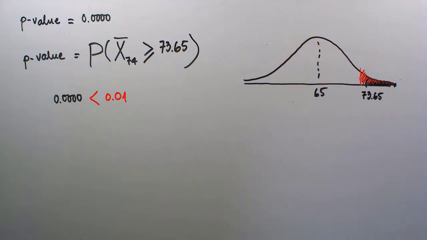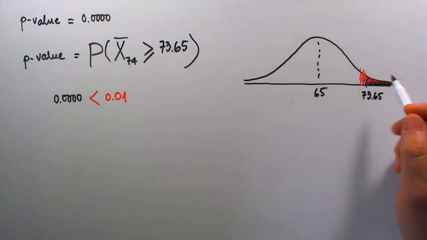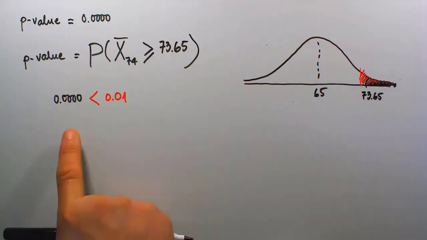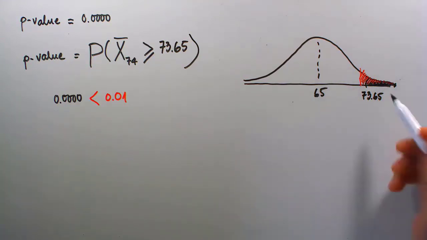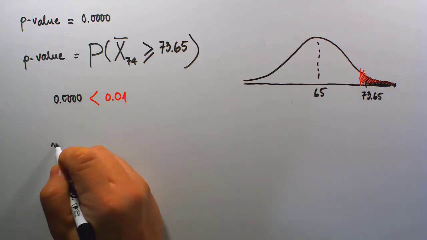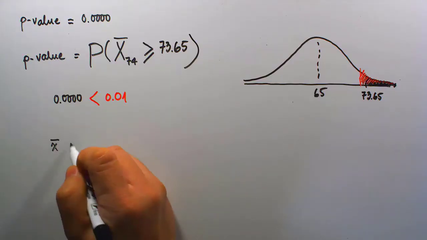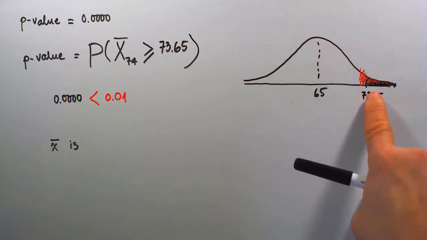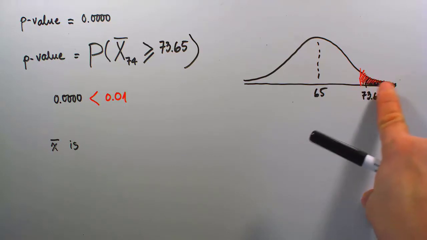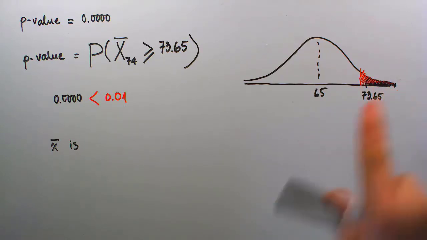And so now that is clear enough to see that in this way, once we have compared our calculated p-value with the significance level, it is now sufficient to say that our sample mean we have found here must be falling inside of the unlikely area in red there.